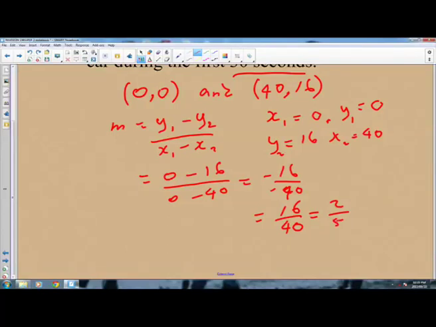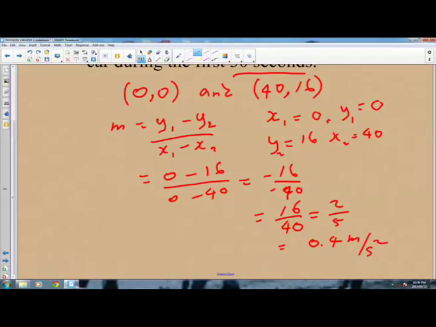So what we have is 2 over 5, and we can write this as a decimal number. 5 into 2 is 0, add a 0, 5 into 20 is 4. So the acceleration here is 0.4 meters per second squared.